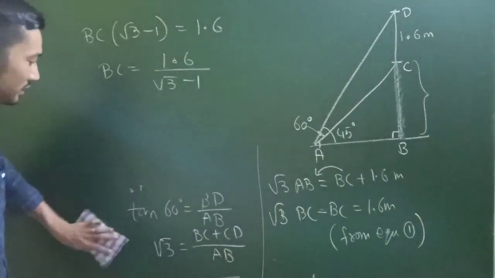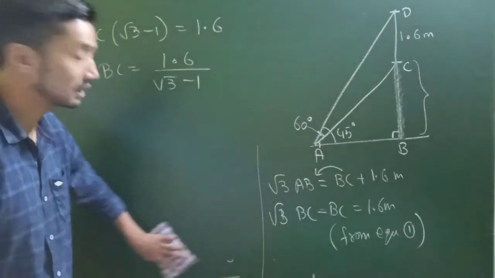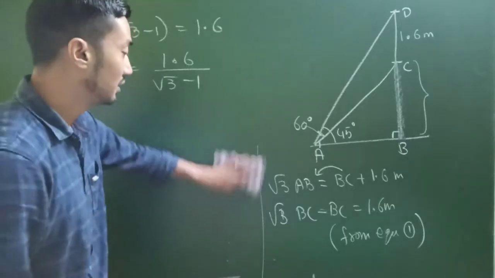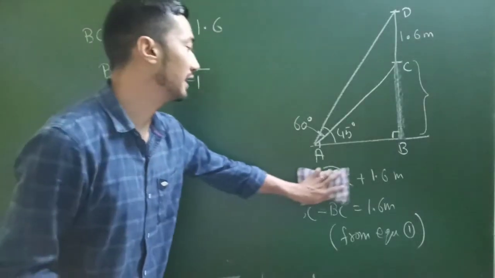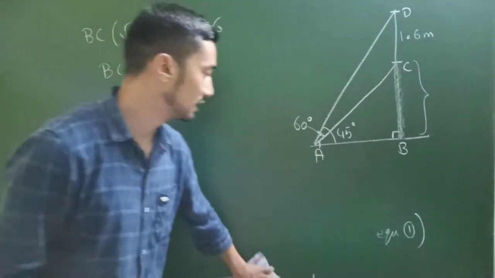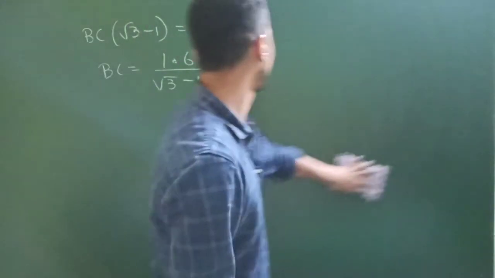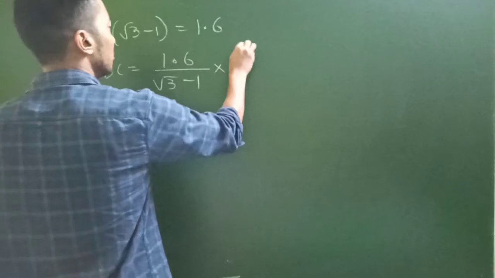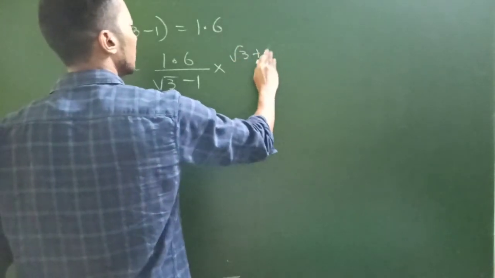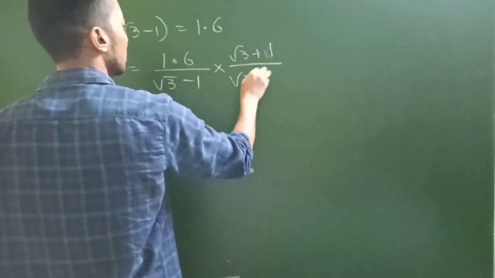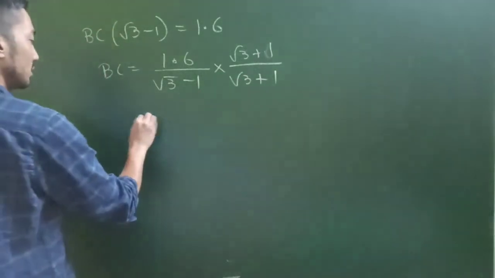So now what I will do here is rationalize the denominator, as we used to do in class 9. Rationalization of the denominator. So that will be multiplying and dividing by root 3 plus 1.